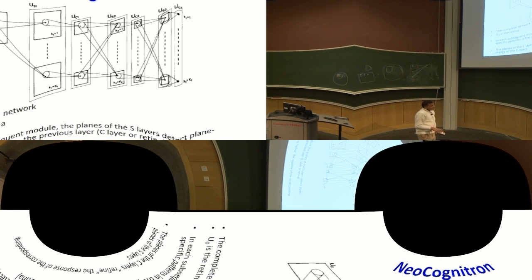And so you have an entire collection of these next level detectors, and they in turn have their own cleaners, the C cells, and then you have the next level of S cells and so on. So you see how the whole model works, right?